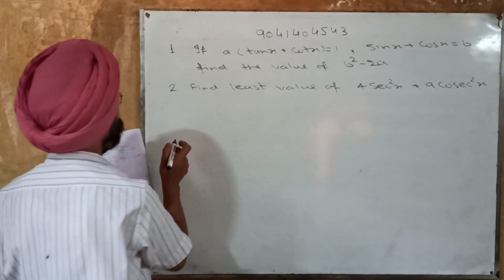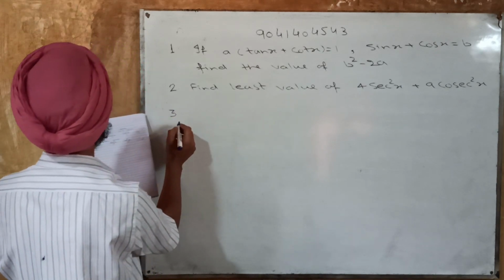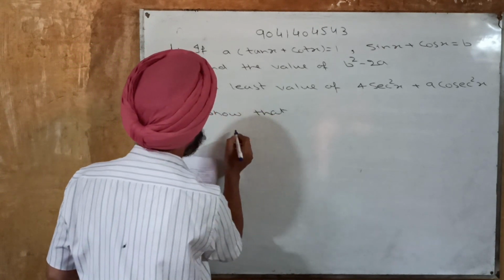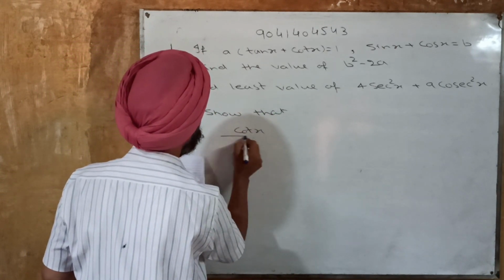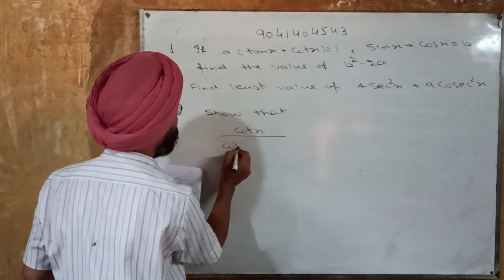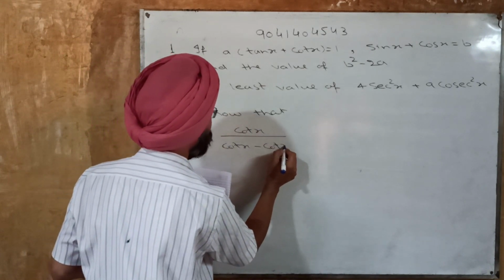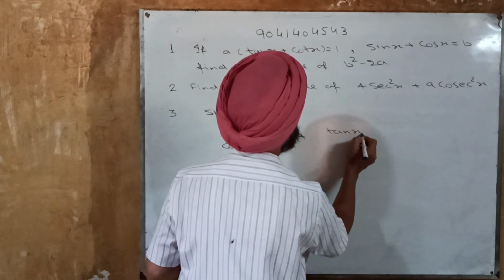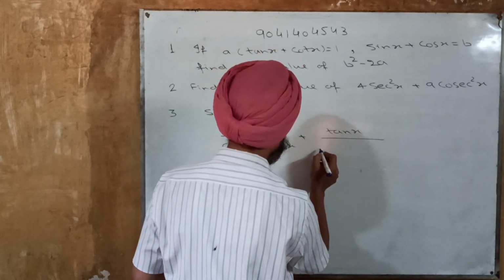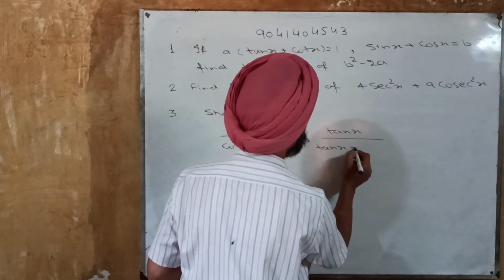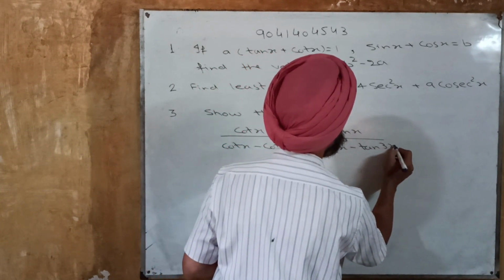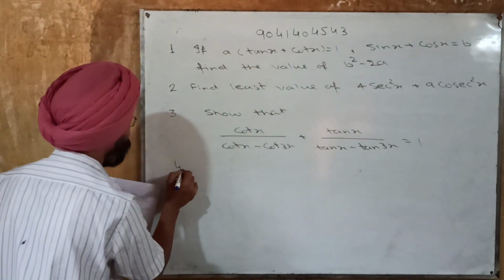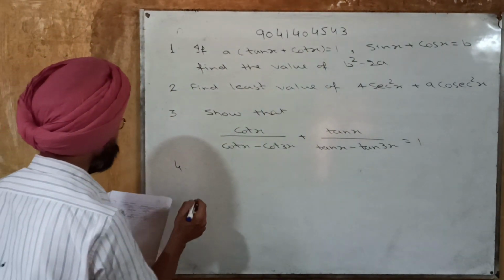The third question is, show that cot x divided by cot x minus cot 3x plus tan x divided by tan x minus tan 3x is equal to 1. And the most tricky question for the assignment is the last question.